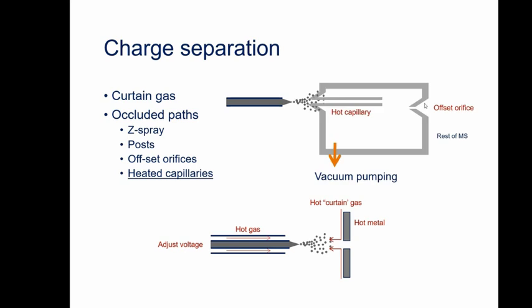Some use heated capillaries and offset orifices, like a Rupert source, where the ions pass down a long hot capillary, which gives the droplets extra time to evaporate. On exiting it, droplets will splatter on the side of the cone, and only ions will pass through into the instrument.